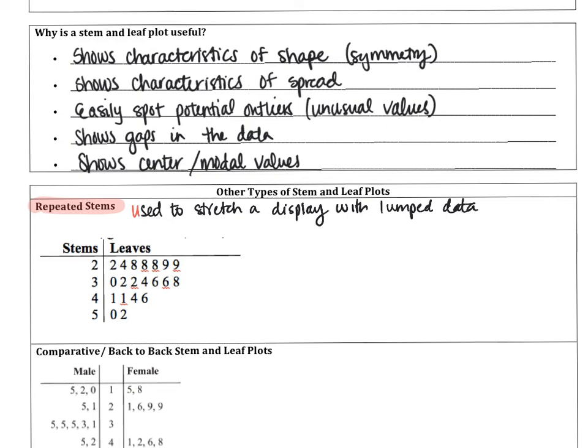So if we notice one of the leaves is very compact or has a lot of data on it, then a repeated stem and leaf plot may be a better idea because this gives us a more informative picture.